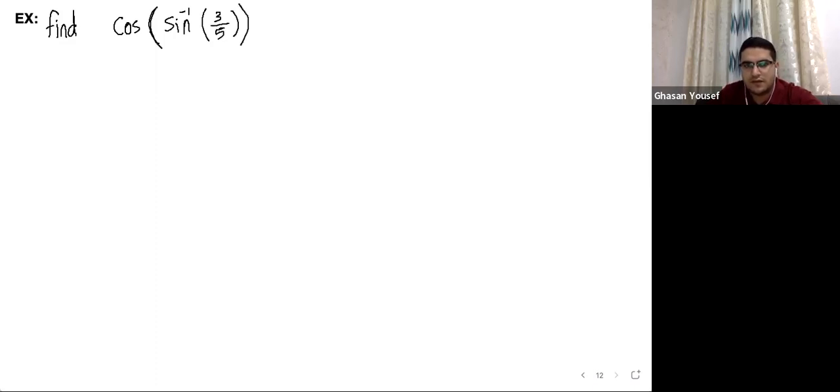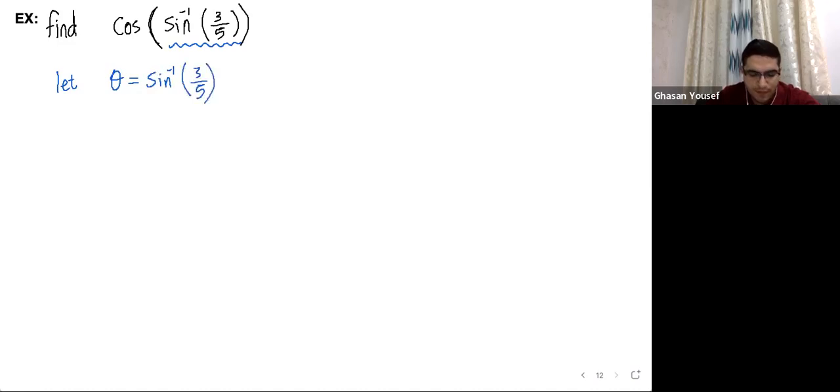Find the cosine of sine inverse of 3/5. To solve a question like this, you have to suppose everything inside the cosine is theta. So let theta equal sine inverse of 3/5. Then we have to solve this.